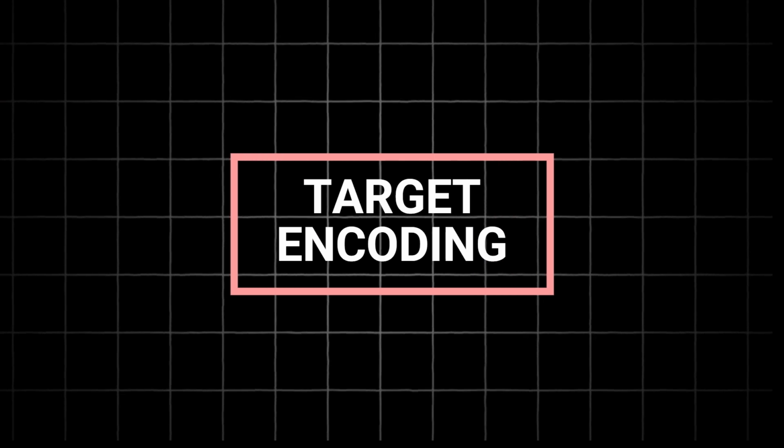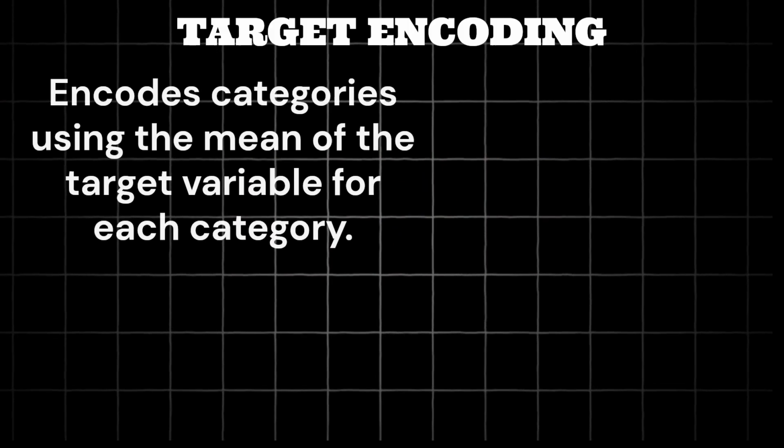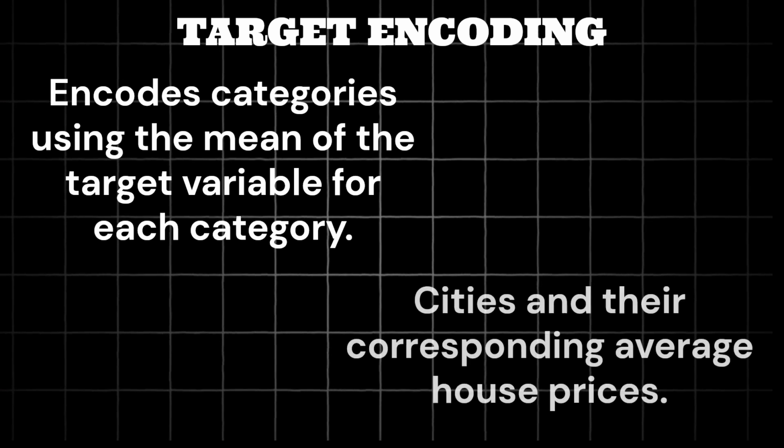Target encoding takes a more advanced approach by incorporating information from the target variable. This method replaces each category with the mean of the target variable for that category. For instance, if you are predicting house prices in cities like New York, Los Angeles, and Chicago, it might encode them with their average house price.